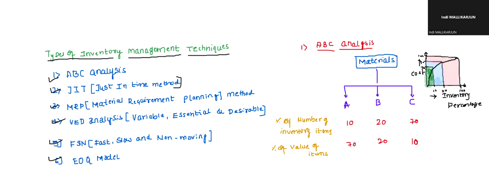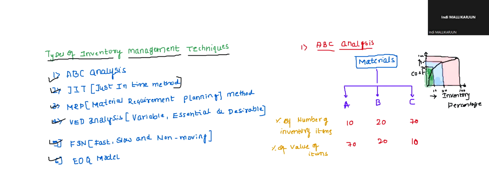Before going to these techniques, first we should know what is inventory management, right? Inventory management is nothing but the process of ordering, storing, using, and selling a company's inventories, which means you have some inventories.